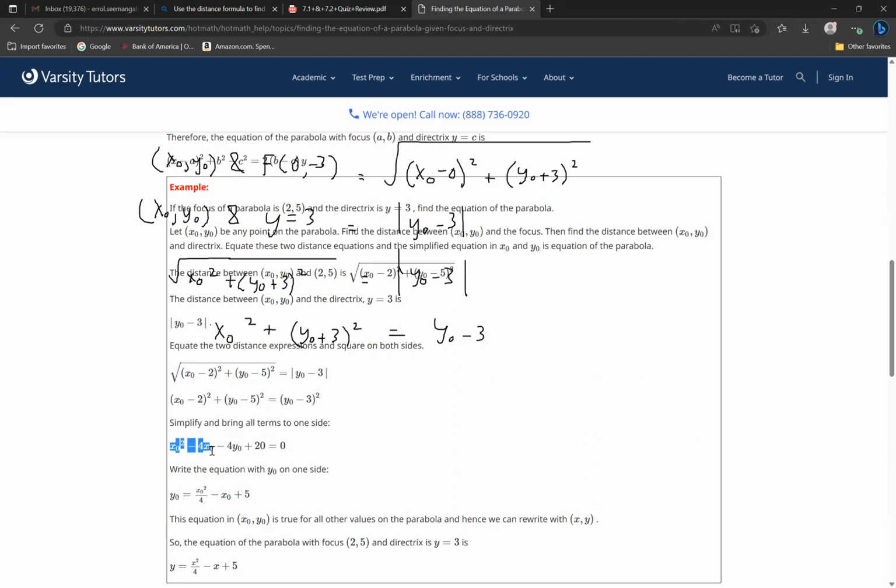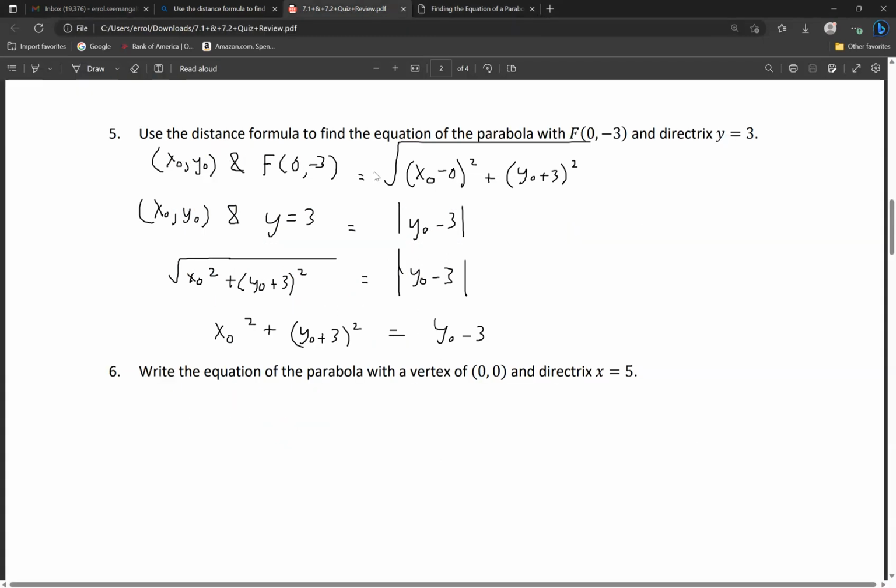Simplify and bring all terms to one side. All right, so let's do that. What do we have? We have x0 squared plus what?